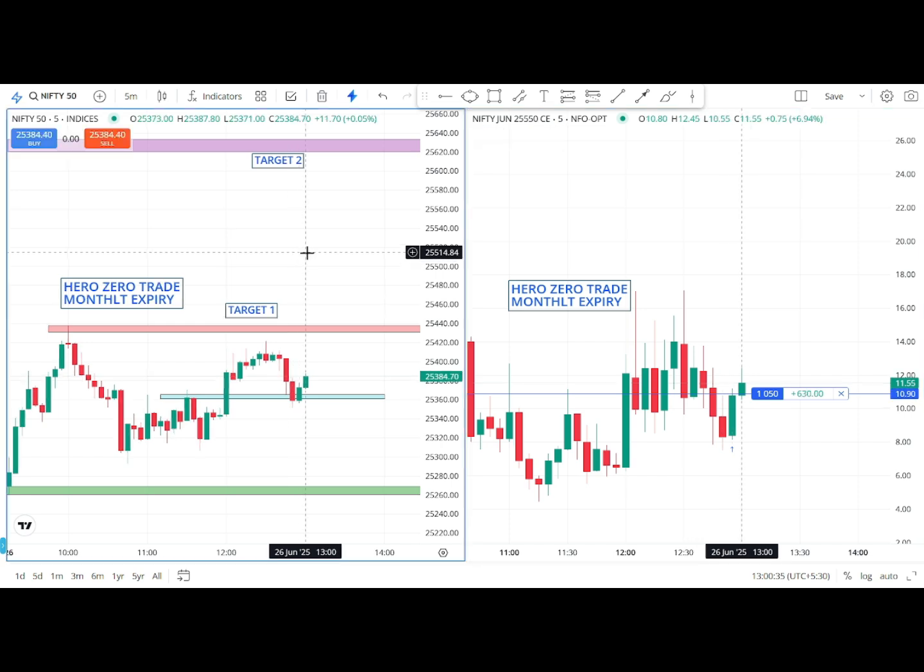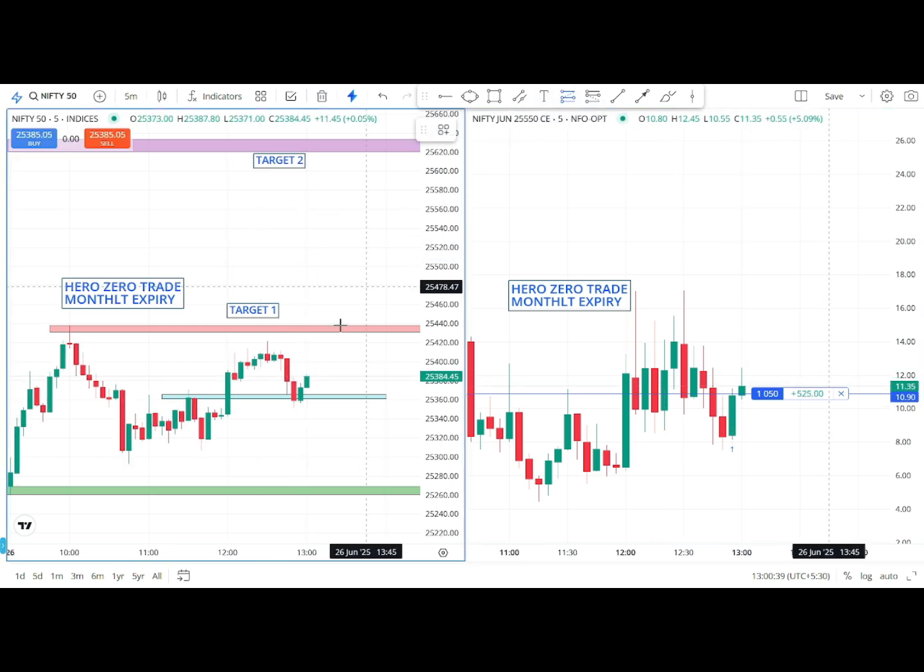I just need a good candle because it's the monthly expiry and in the second half there is high theta decay.